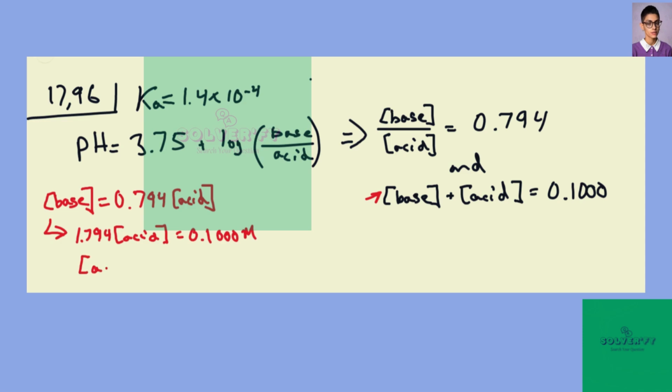So the concentration of acid is equal to 0.0557 molar.